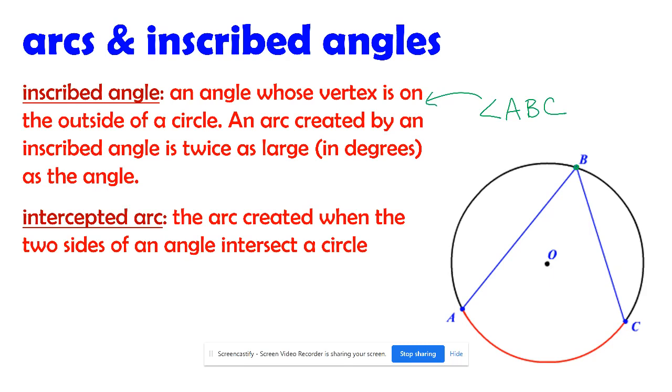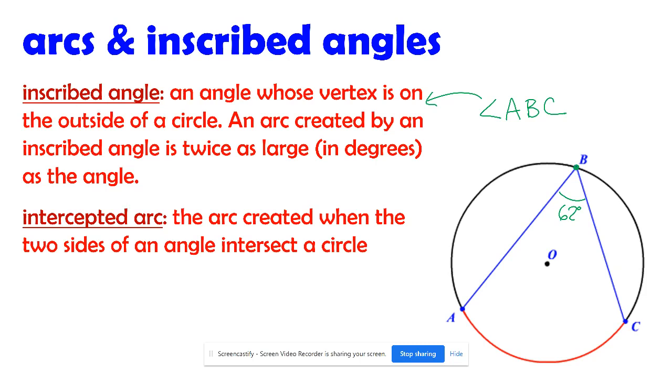One thing it tells you here is that an arc created by an inscribed angle is twice as large as the angle itself. Say this angle, angle ABC, is 62 degrees. If you want to find the arc, one thing really quick, there's a second vocabulary term here that's important, and we probably should have covered this in central angles: intercepted arc.